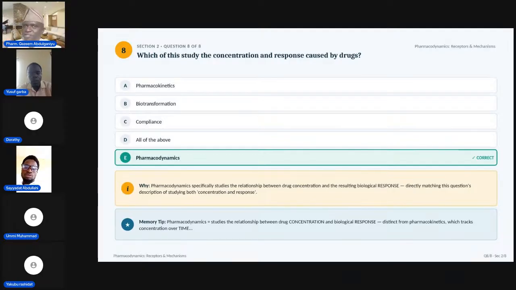If it's absorbed, distributed, metabolized and excreted, the concentration will keep reducing until it fades out of the system. That is pharmacokinetics. But this one we are saying the concentration and the response. I remember mentioning where you will talk about how the dose of a drug is repeated after some time. It is repeated after some time because we feel the dose is not going to give us the response that we want anymore.